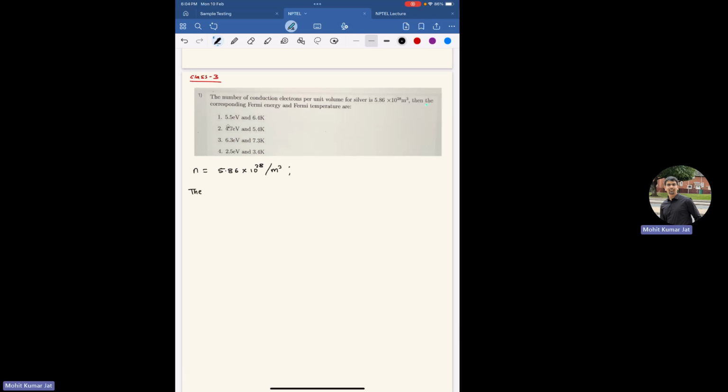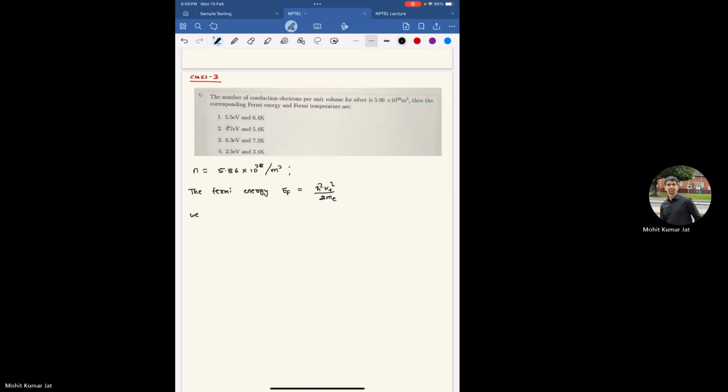The Fermi energy EF will be given as h bar square Kf square by 2 mass of electron, because these are free electrons, so we'll take the mass of the electron as Me.